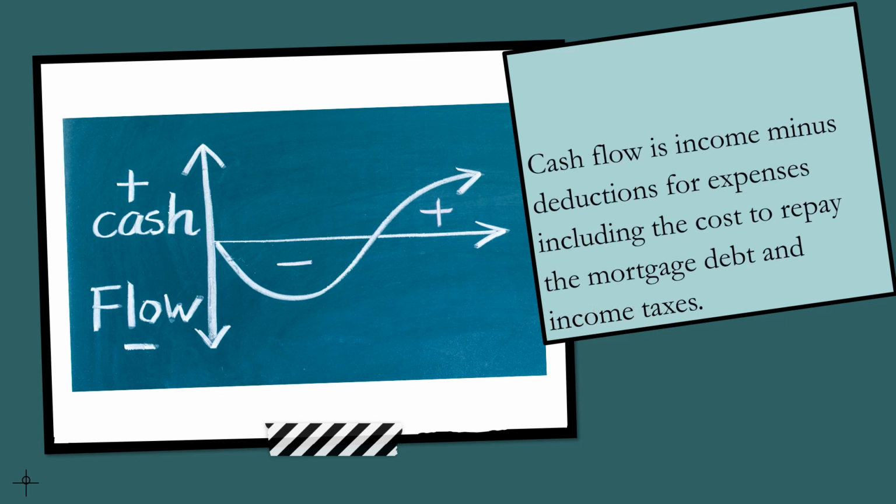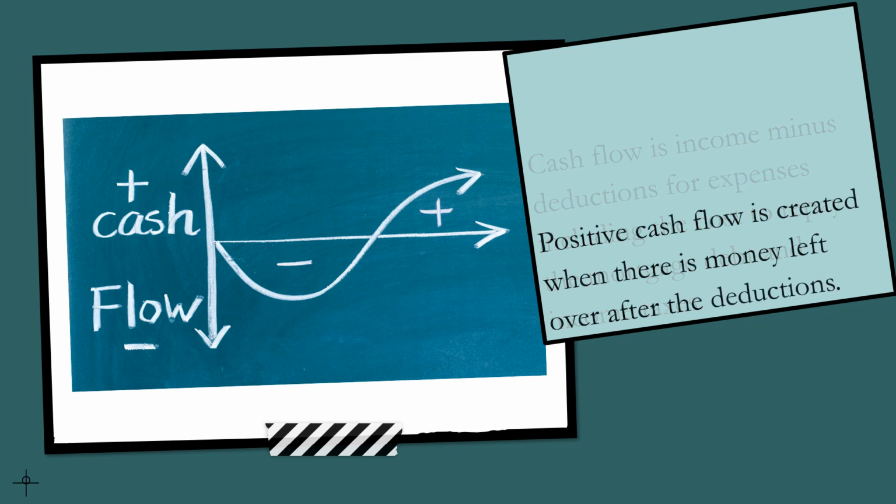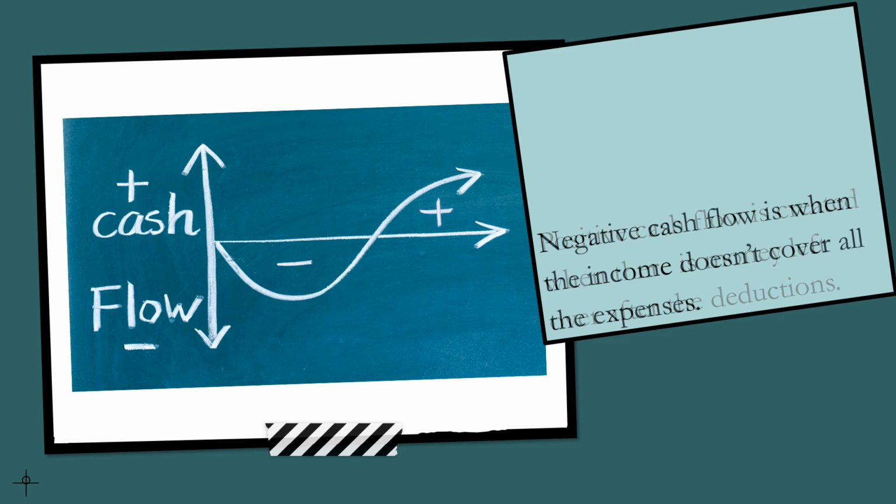Cash flow is income minus deductions for expenses, including the cost to repay the mortgage debt and income taxes. Positive cash flow is created when there is money left over after the deductions. Negative cash flow is when the income doesn't cover all the expenses.